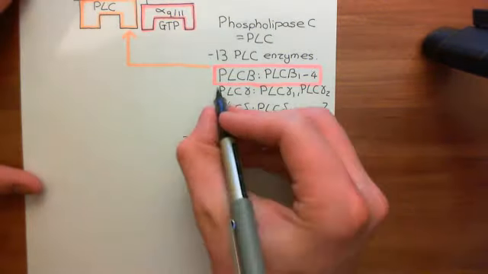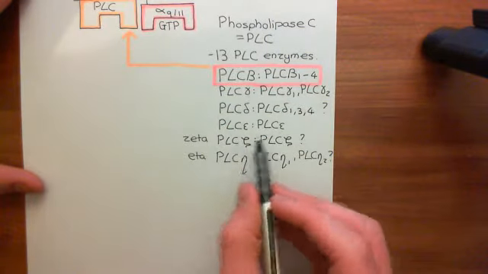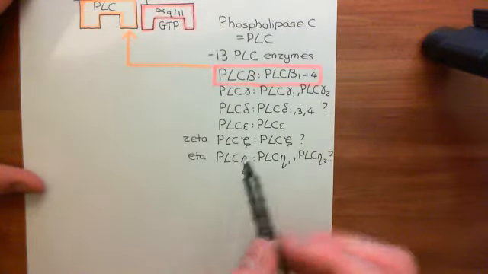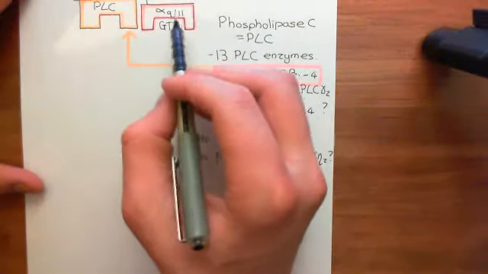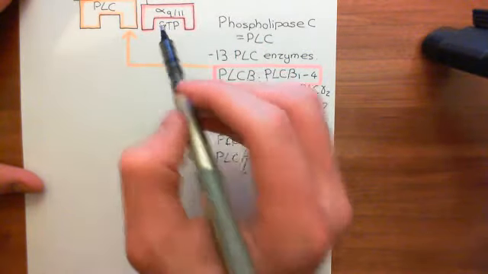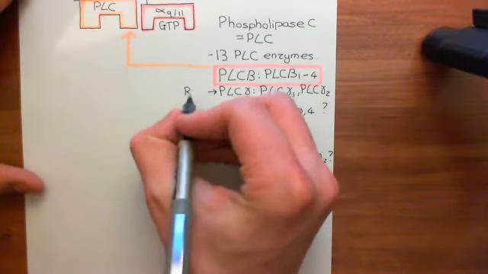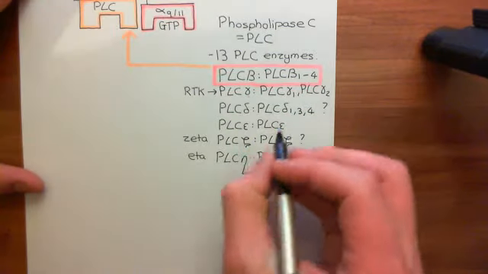Phospholipase C gamma is reasonably well understood compared to phospholipase C deltas and zetas and etas. However, it's not activated by alpha Q/11 GTP subunits. Instead, it's activated by receptor tyrosine kinase pathways. So this is totally different stuff here.